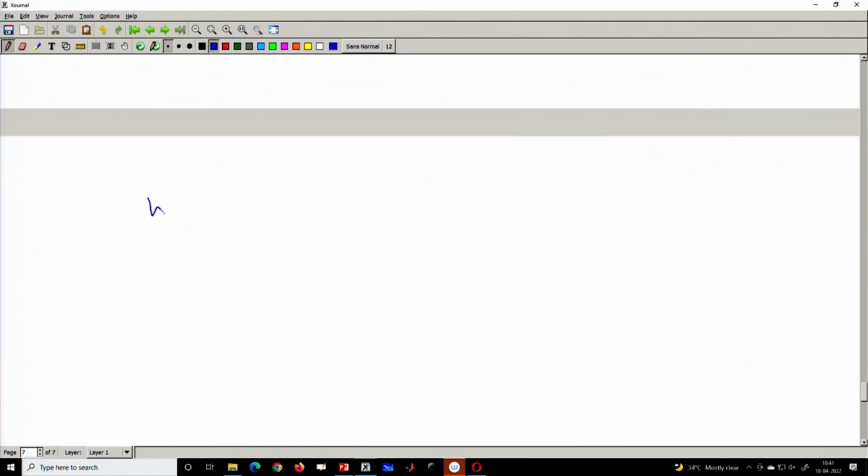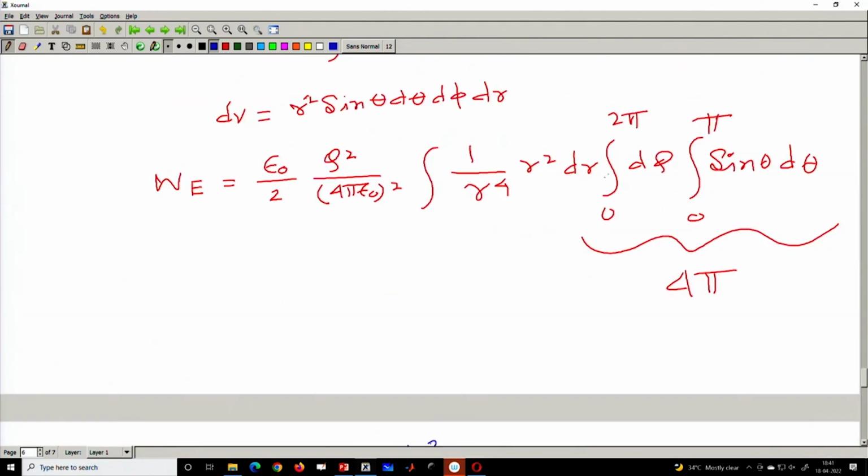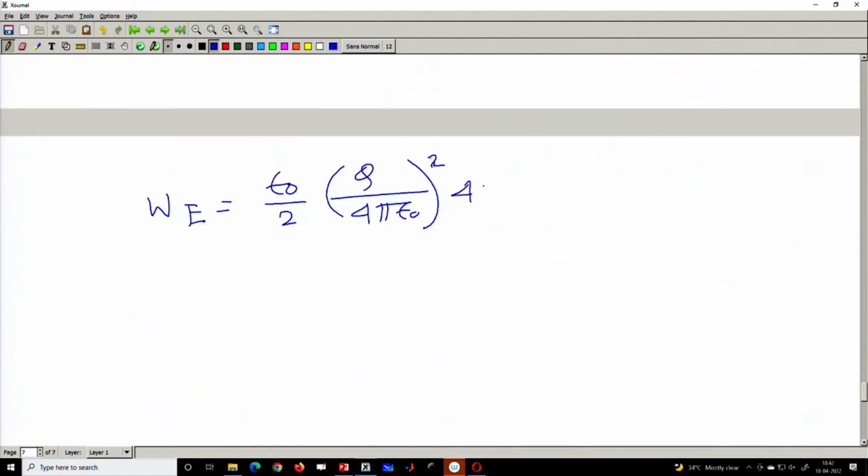So, that thing I am going to put here. So, this quantity simply becomes epsilon 0 by 2, then whatever we had, q divided by 4 pi epsilon 0 and the square of that quantity, which we had already here, and then this 4 pi will come out from the integration, and we have the integration over r from A to infinity of 1 by r square dr. So, this simply gives us q square, 4 pi will cancel out, epsilon 0 will cancel out.